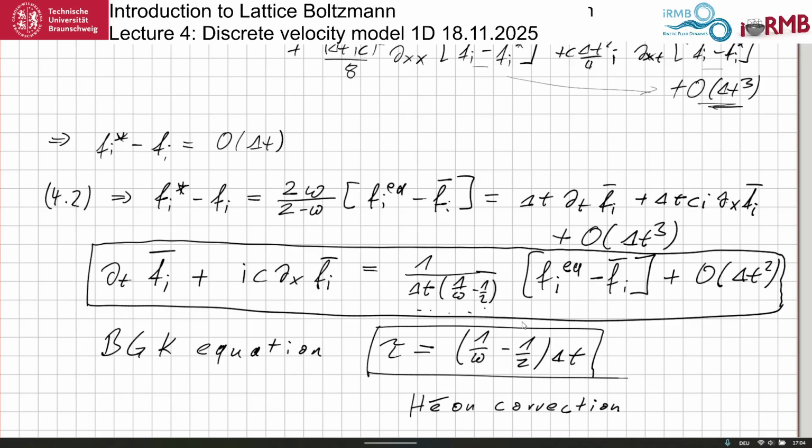It has this stupid error, but all that you have to do is redefine viscosity. Yeah, so you just set the parameter into a different value. So it's not 1 over omega, but it's 1 over omega minus 1/2, and then it's suddenly second order accurate. Yeah, that's the only thing that you have to change.